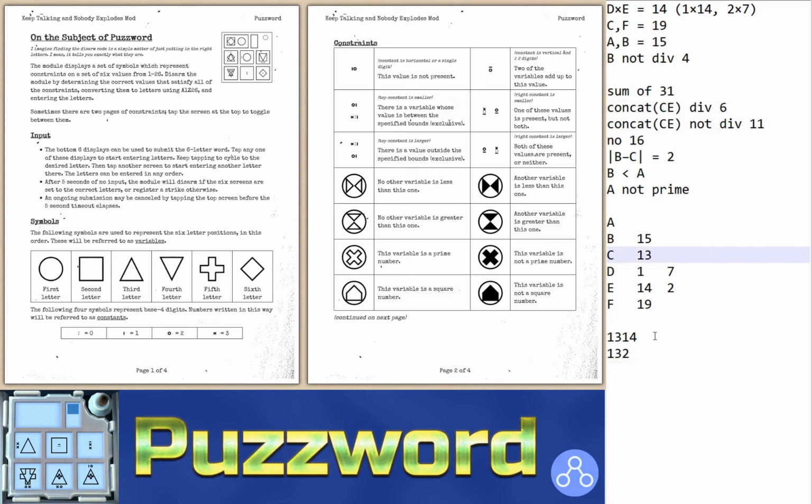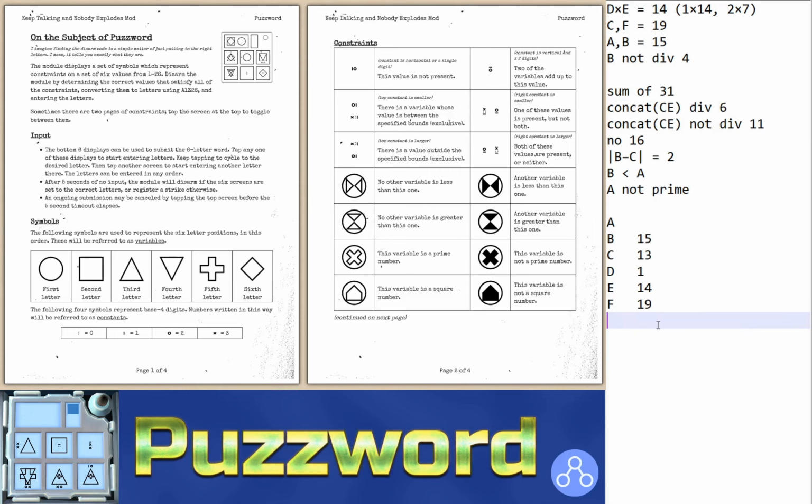If anything, it would have to be 13. But this is 11 times 12, so that is actually divisible by 11. So in this case, if Charlie is indeed the 13, then Echo couldn't be the 2, because that would make Charlie Echo divisible by 11, so Echo would have to be the 14.